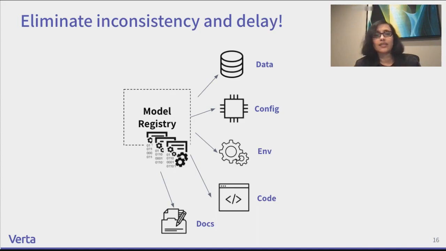When I talk about ingredients, the key things are data, any configurations, which could be your hyperparameters, the environment variables, which are the underlying libraries used, including the version number of each library, your model code, as well as the documentation. So your stakeholders do not end up making any assumptions. So you have everything in one place.